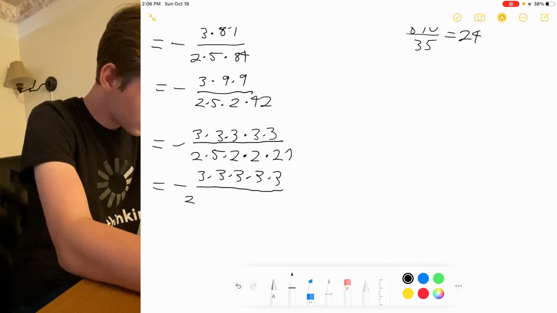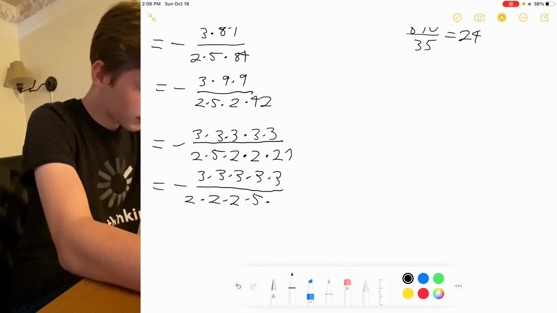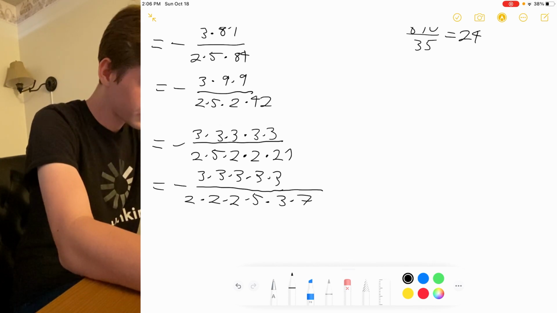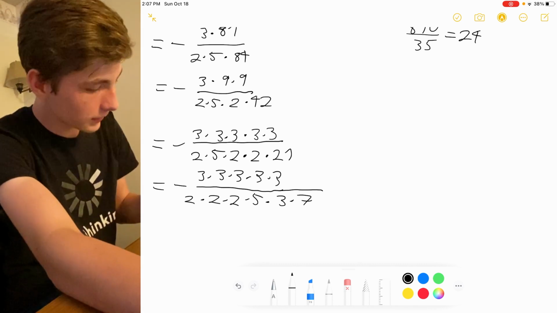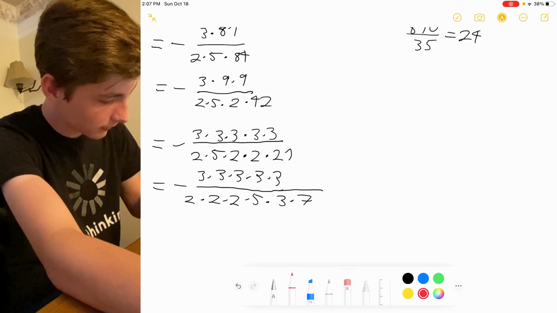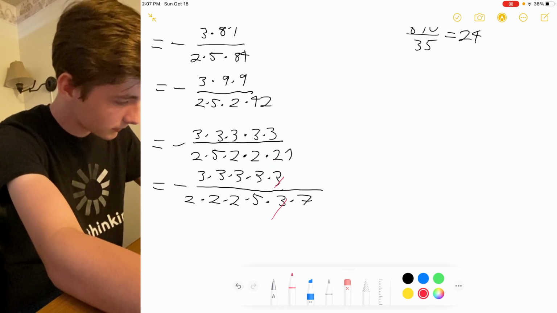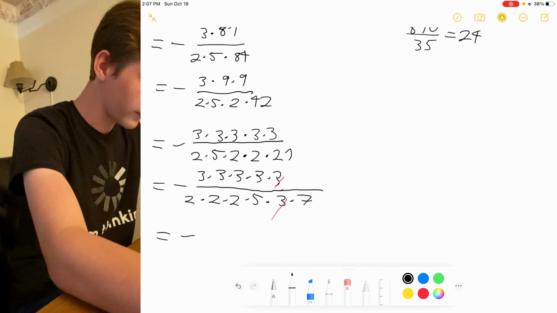Okay, and so then this is going to be 2, we have three 2s, right? 2 times 2 times 2 times 5 times 21, which is just 3 times 7, right? Okay, so all this, and the only thing we really get to cancel here is one pair of 3s, right? So those cancel, and now we put everything back together, and we get our simplified fraction, right?